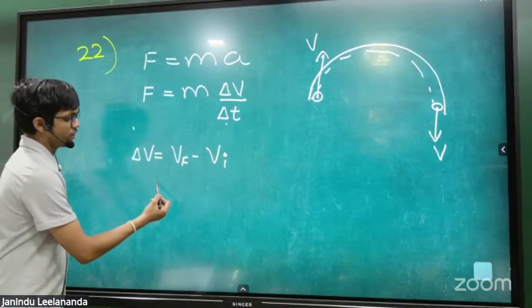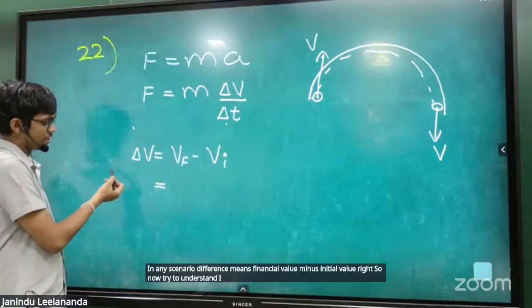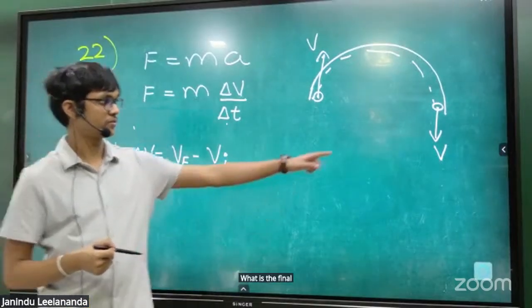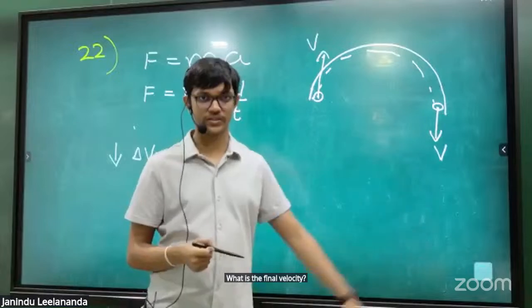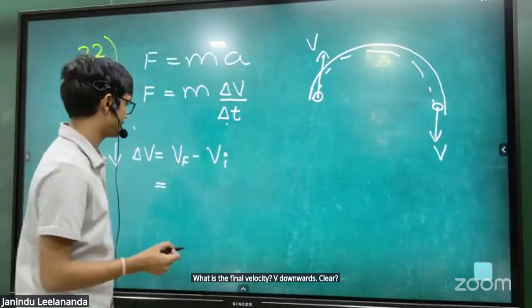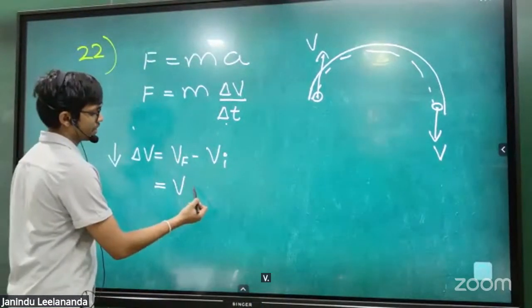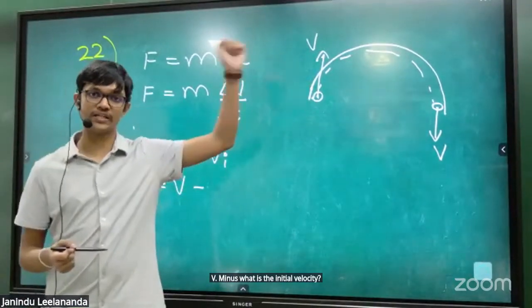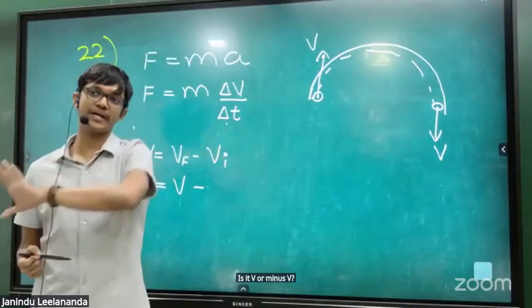So now try to understand. I'll choose this as my positive direction. What is the final velocity? v, downwards. Minus, what is the initial velocity? Is it v or minus v? It must be minus v.